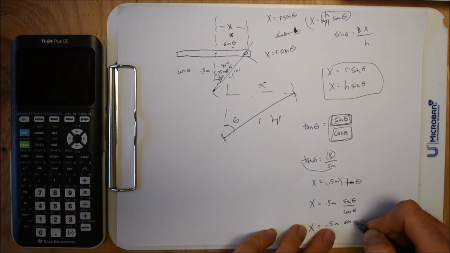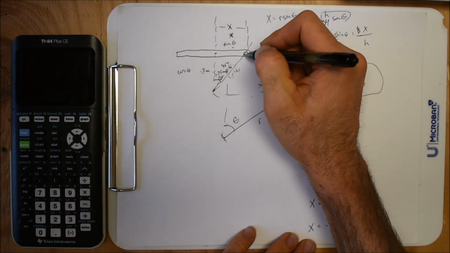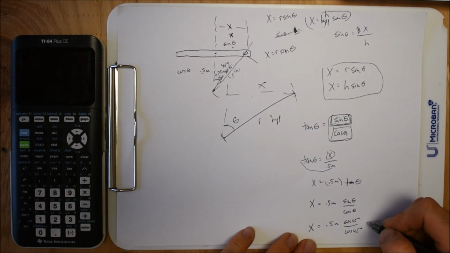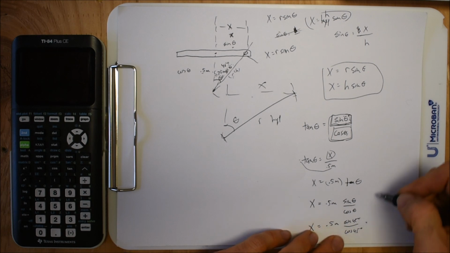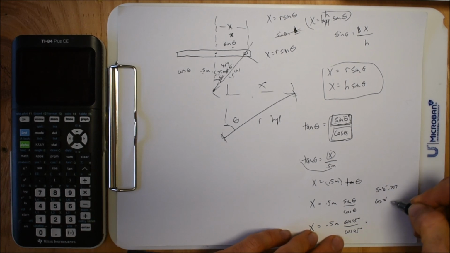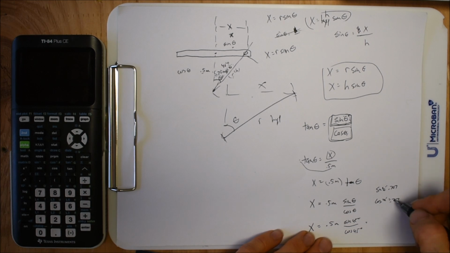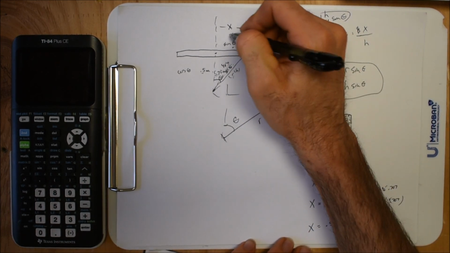Isn't this just sine 45 degrees over cosine 45 degrees? And isn't sine 45 degrees the same as cosine 45? Yeah, sine 45 is 0.707. Cosine 45 is equal to 0.707. But anyway, yeah, so isn't x just 0.5 meters? Yes, this is just 0.5.